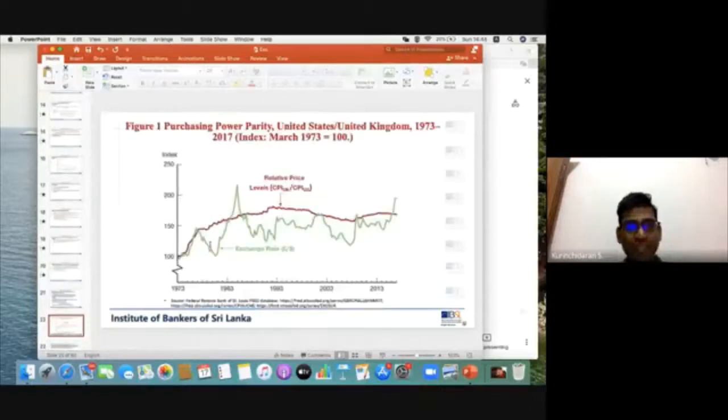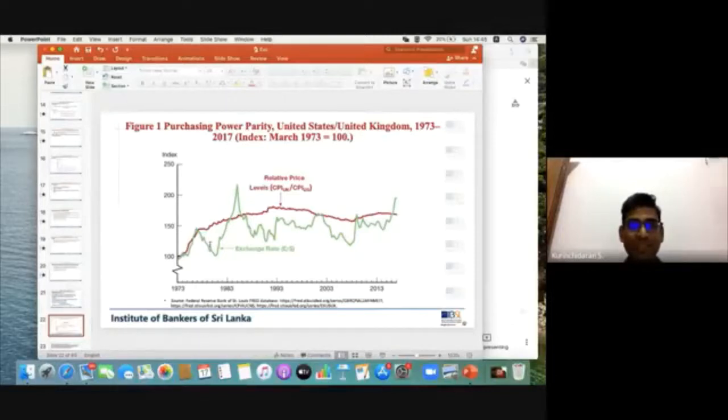Okay, now you can see in the graph the relative price levels, that's in red color, CPI UK divided by CPI US, and the exchange rate.